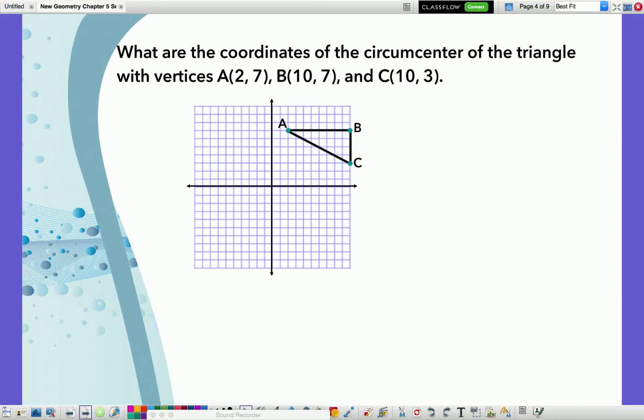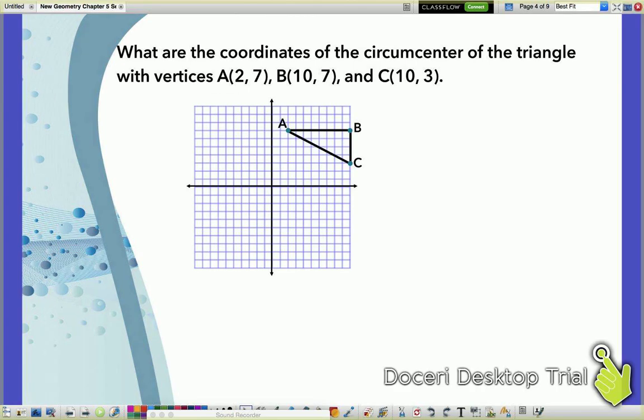So this again is a right triangle, and we need to figure out what the hypotenuse is. Well, it's AC. So I'm going to find the midpoint. I've got 2 plus 10 over 2 and 7 plus 3 over 2.